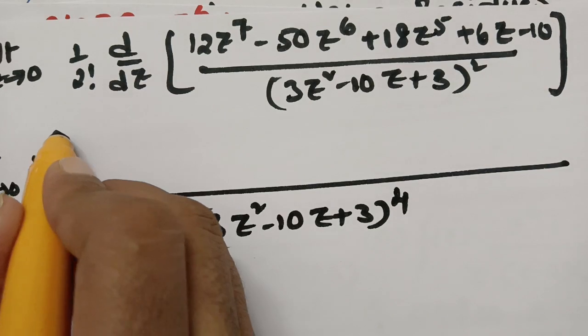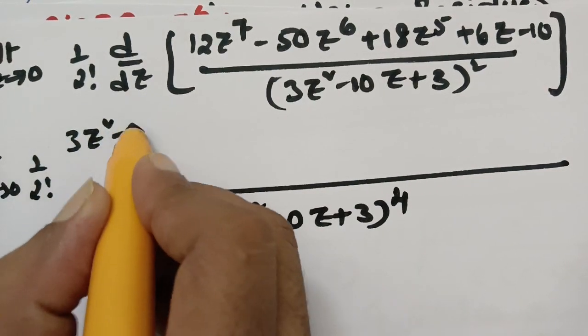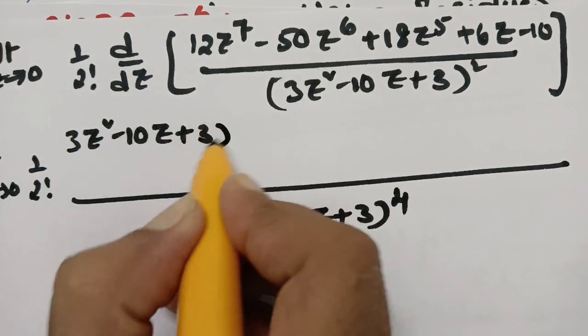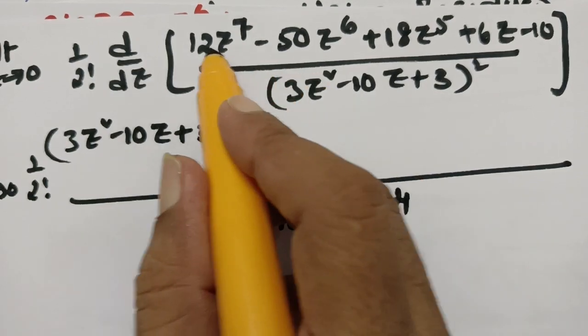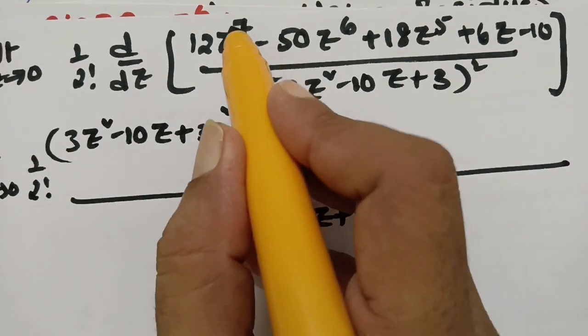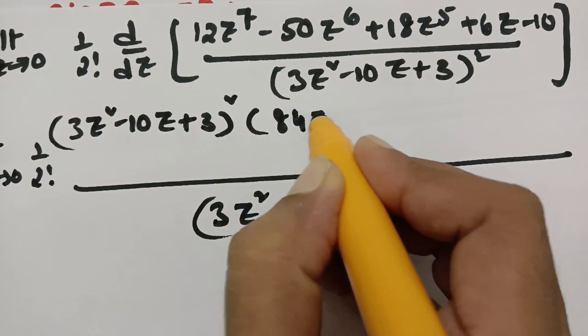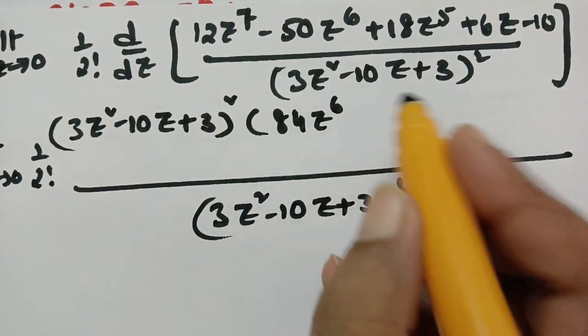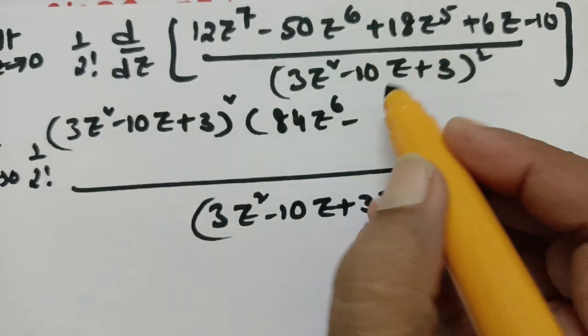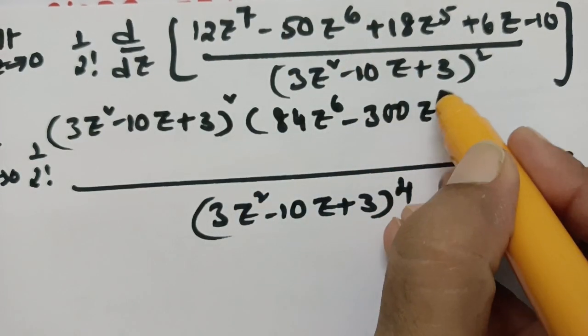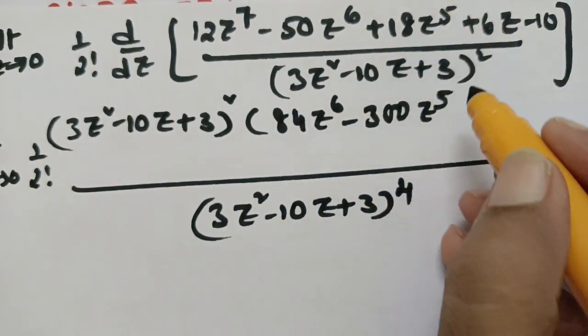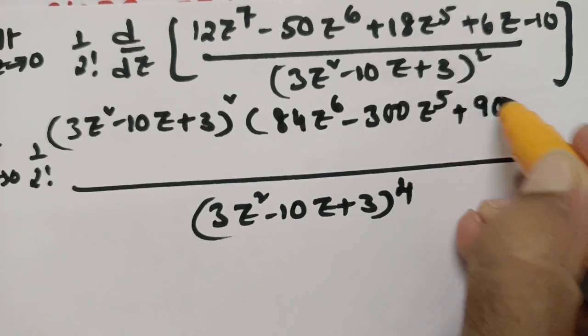Again we have to write v, which is 3z square minus 10z plus 3 whole square, and again take the derivative of the numerator. This is 12 sevens are 84, 84 z power 6. Next, 6 into 50, that is 300 z power 5, and 18 fives are 90.